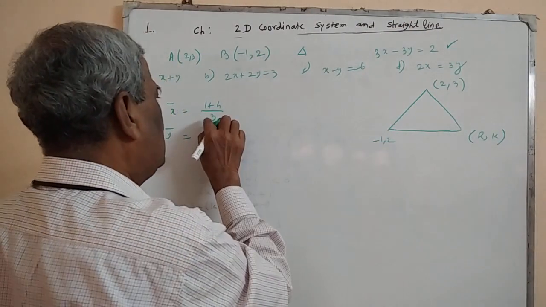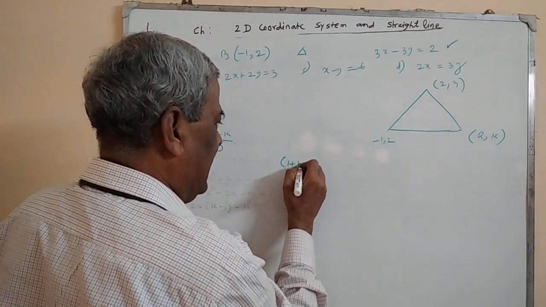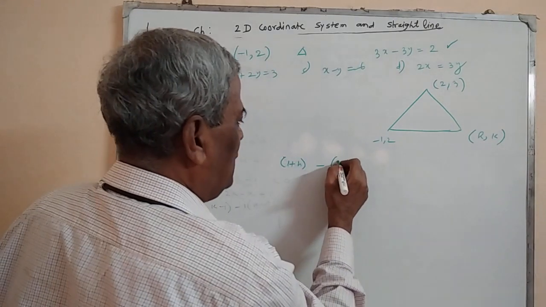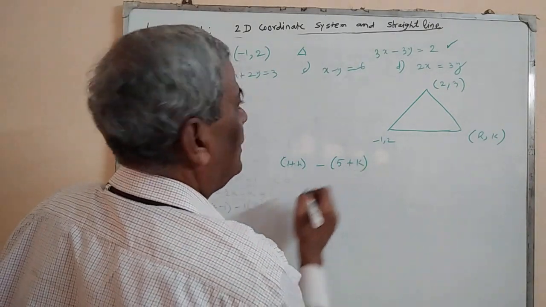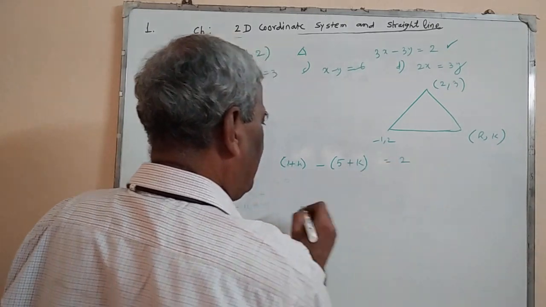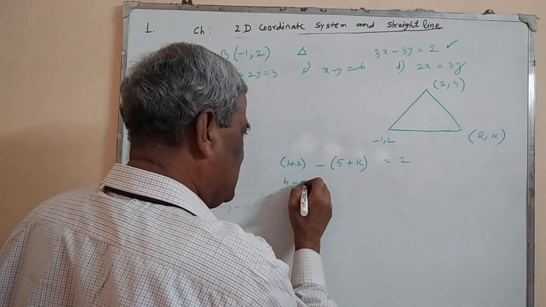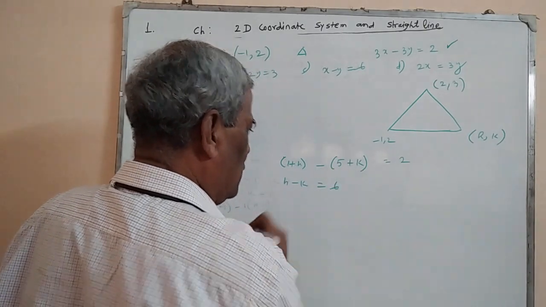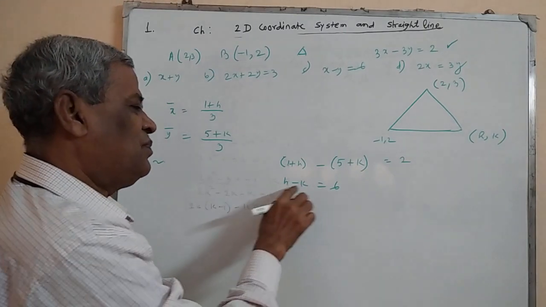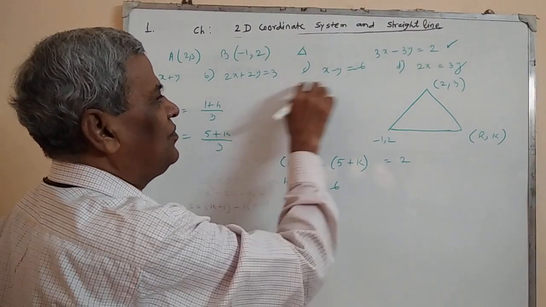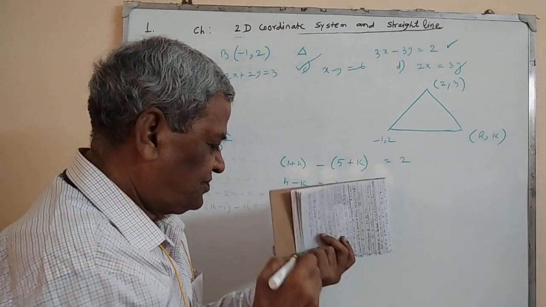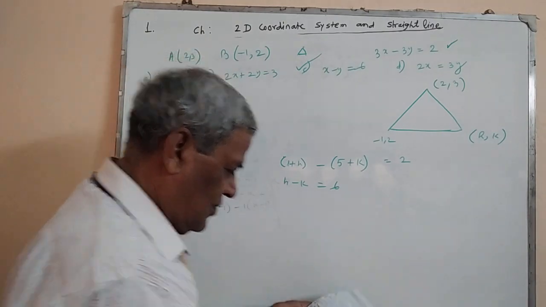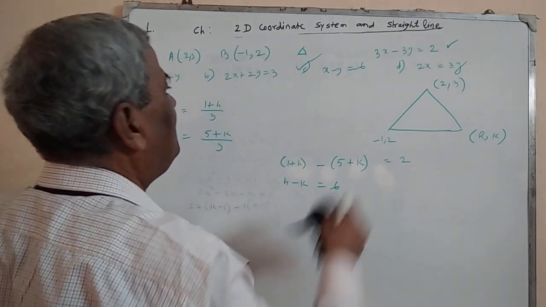So 3 into (1 plus h) minus 3 into (5 plus k) must be equal to 2. So h minus k is equal to 6. So the locus is x minus y is equal to 6. This is the answer. Next problem.